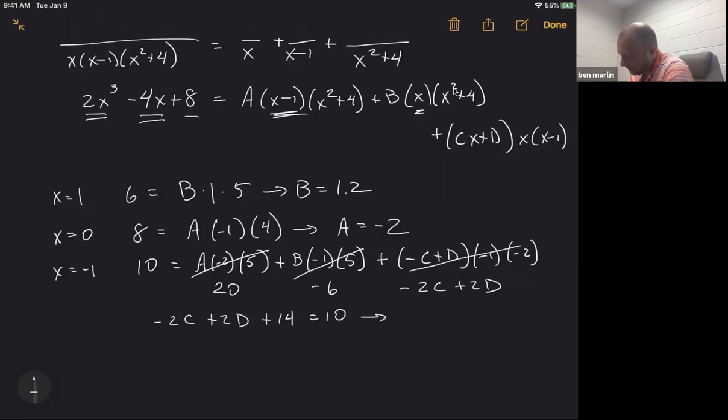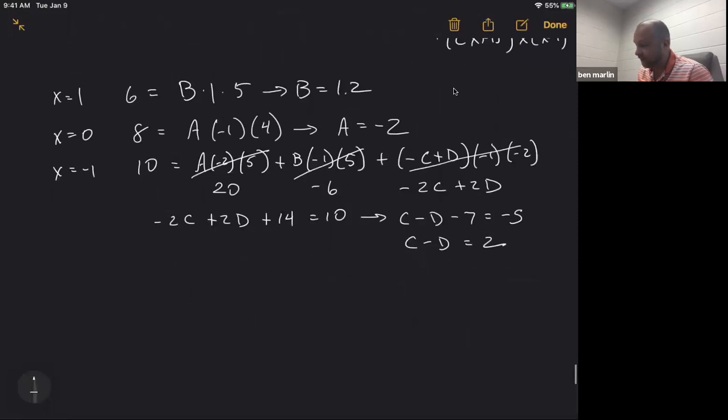If I divide that out, I have c minus d minus 7 equals minus 5. I guess I should have added the stuff first, but I end up with c minus d equals a positive 2. Ugh.